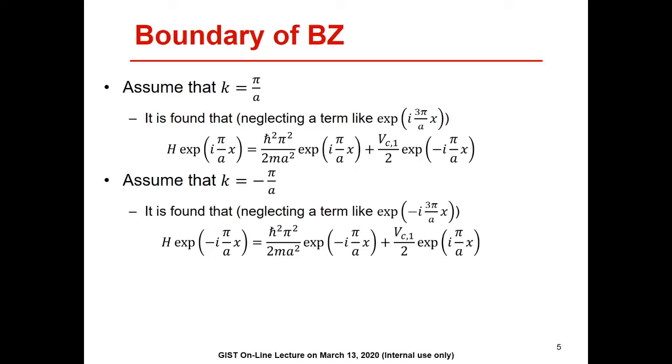In this sense, e^{iπx/a} and e^{-iπx/a} are coupled. Although each of them cannot be a solution of the Schrödinger equation, a linear combination of them has a chance. Let's try.